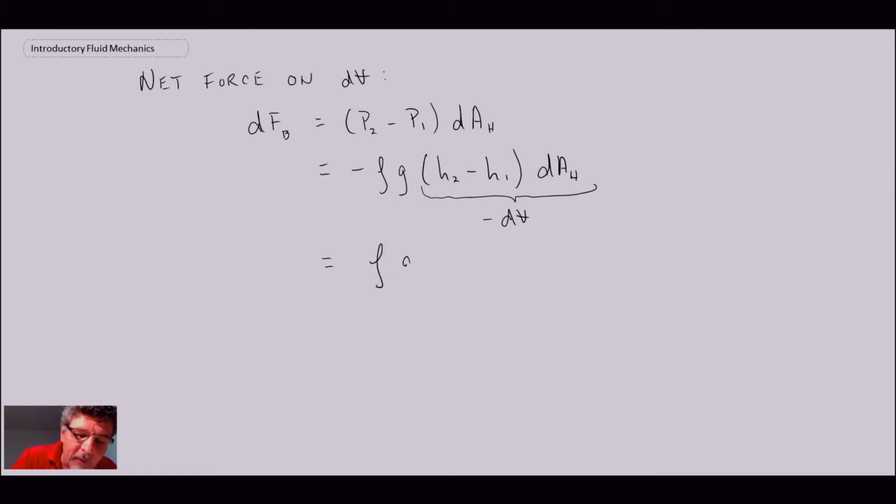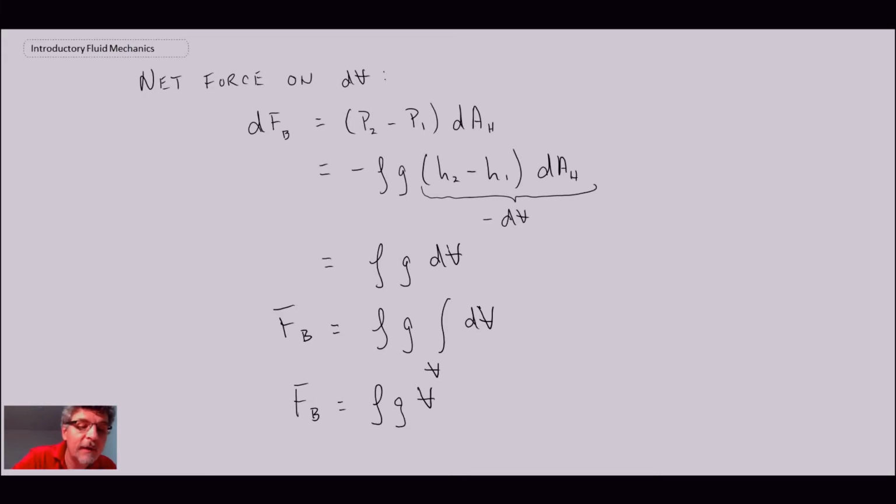So we end up with rho g times dV, and we want to integrate that across that entire body. So what we end up with for the buoyancy force is rho g times the volume of the displaced body.